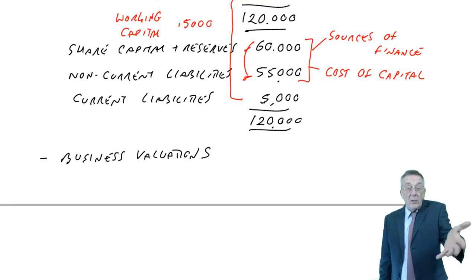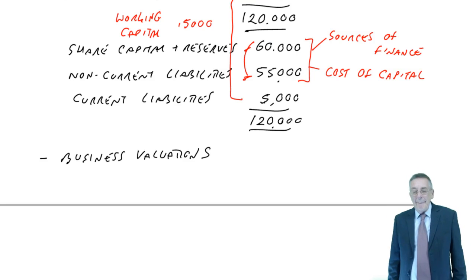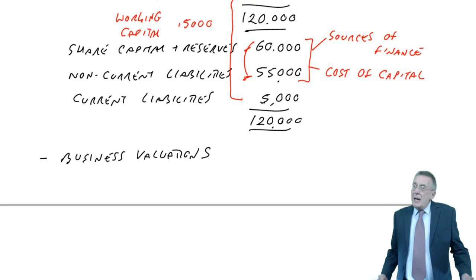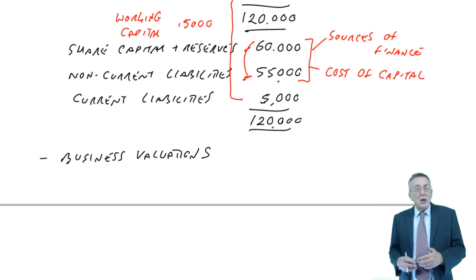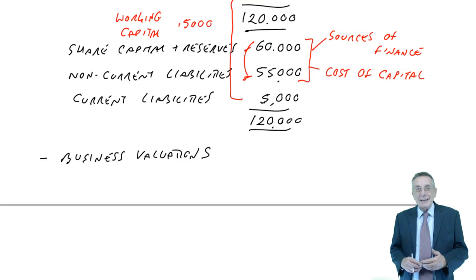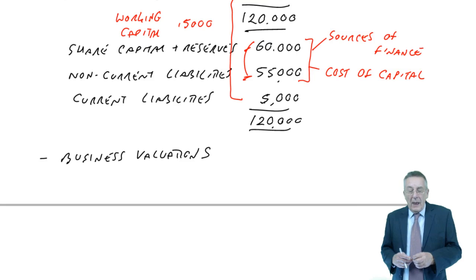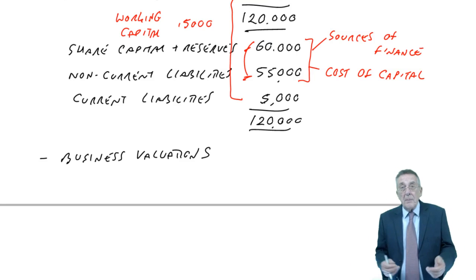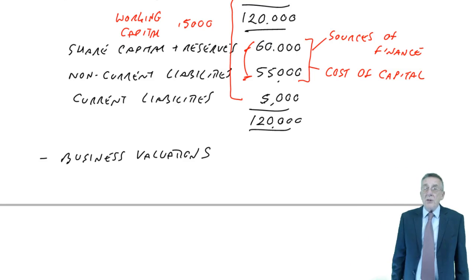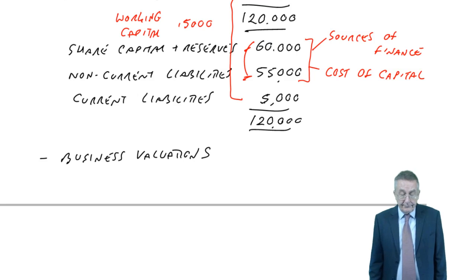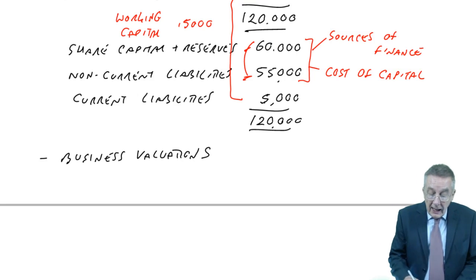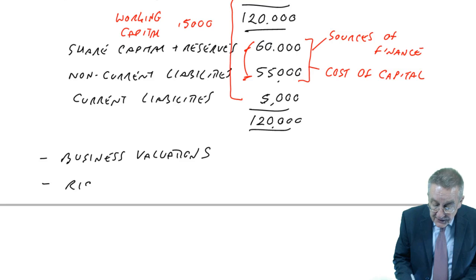The machines could be worth a lot more, they could be worth a lot less. And so there are various ways you can go about estimating a value for a business. It's not hard, but there are several different approaches that you need to be aware of. And finally, something called risk management.